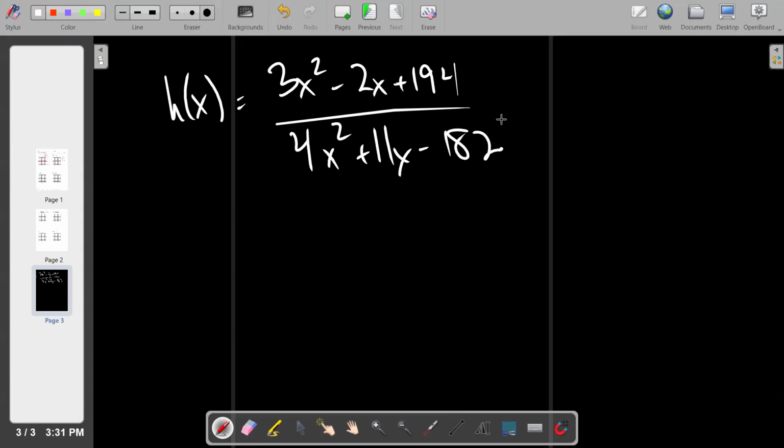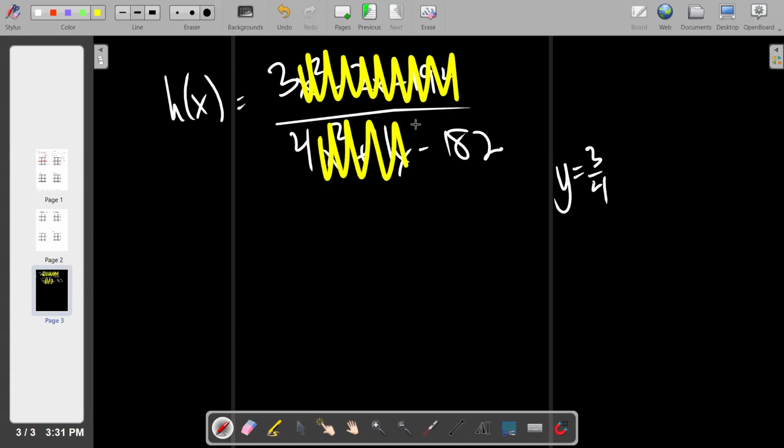Is there a horizontal asymptote? Where is it? It's at y equals 3/4. Infinity is an amazing, mind-blowing concept. Everything else becomes irrelevant other than that ratio, 3 to 4.